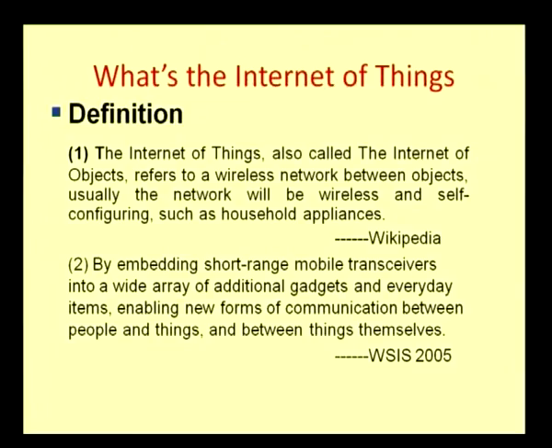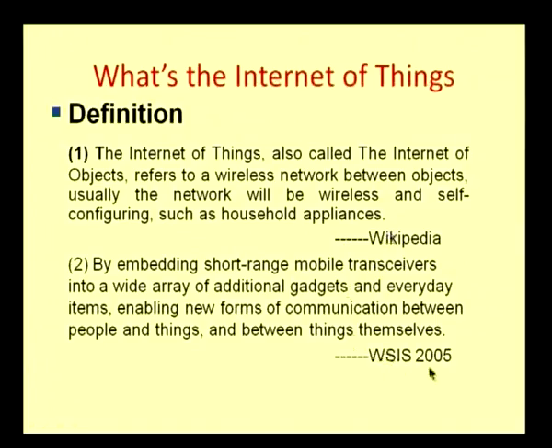There are lot of definitions. Just you can go through the definition. According to Wikipedia, the Internet of Things, also called the Internet of Objects, refers to a wireless network between objects. Usually the network will be wireless and self-configuring, such as household appliances.